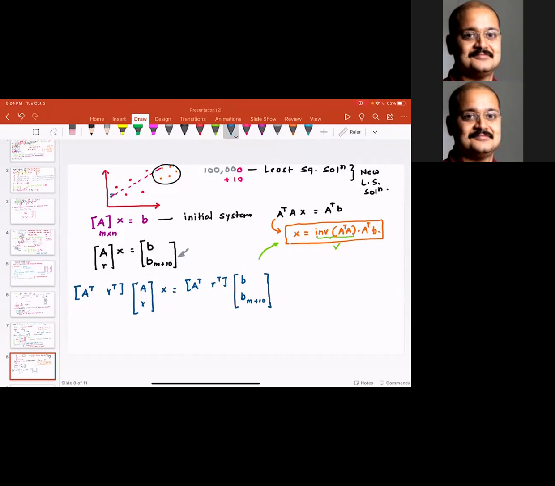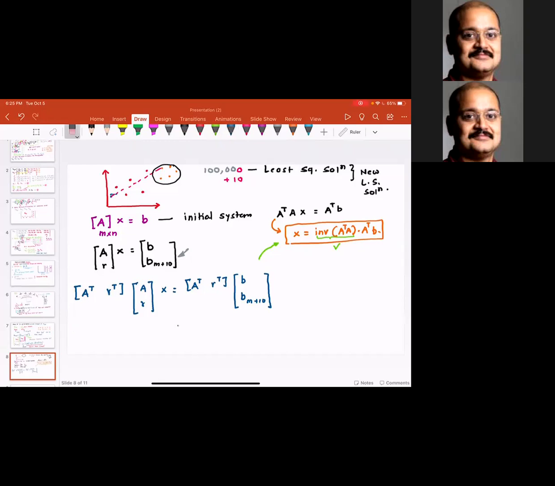But to solve this system, to follow the process, I will still have to solve this problem. So first row, first column.